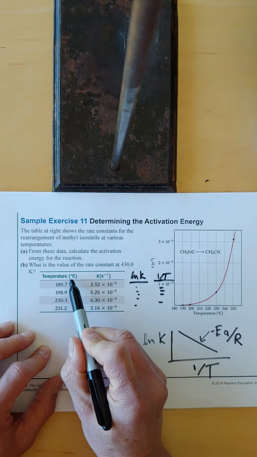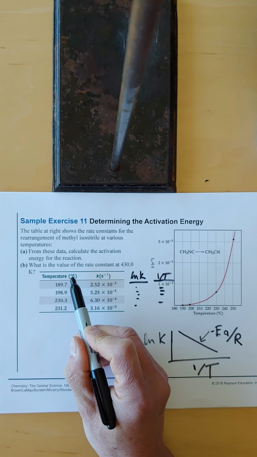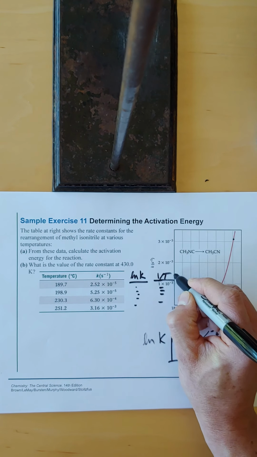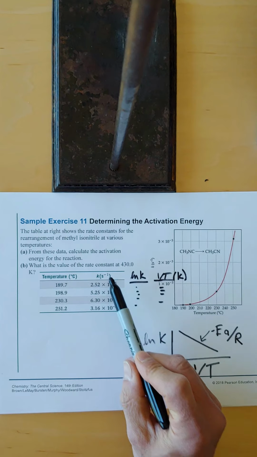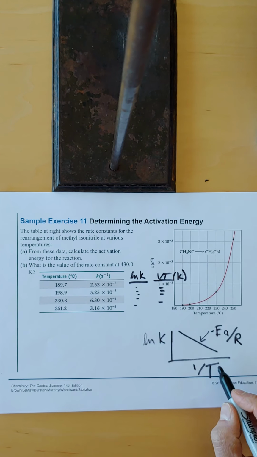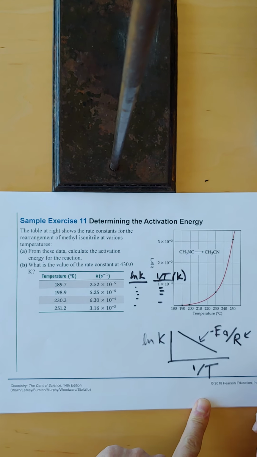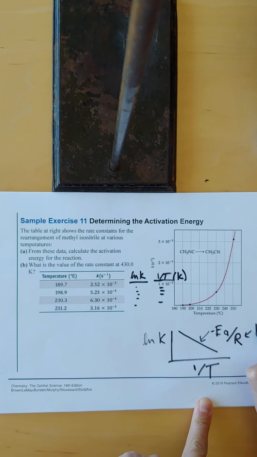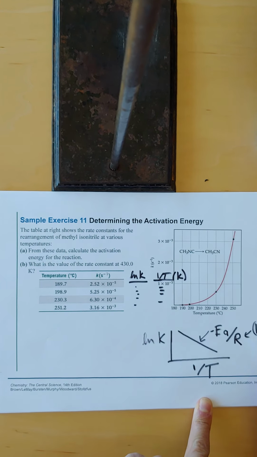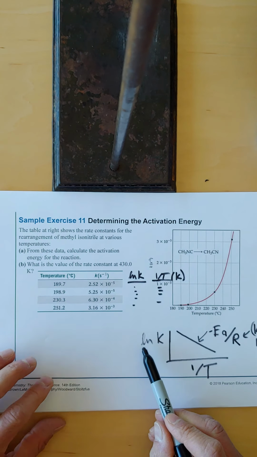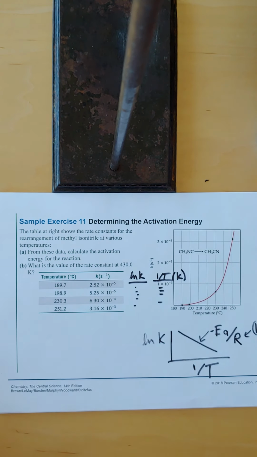And again, temperature is going to be in Celsius, but I need temperature to be in Kelvin, because I'm using R, the gas constant. Remember, with the gas constant, we always have to be in Kelvin, okay? So if I have log of K versus 1 over T, I get a slope, and that's going to give me my graph.